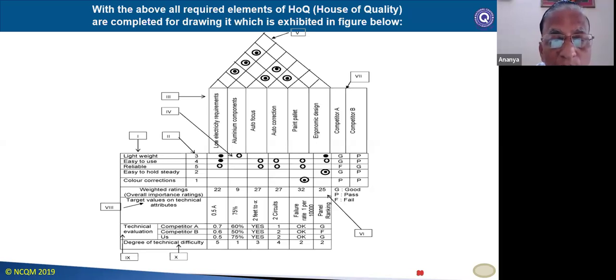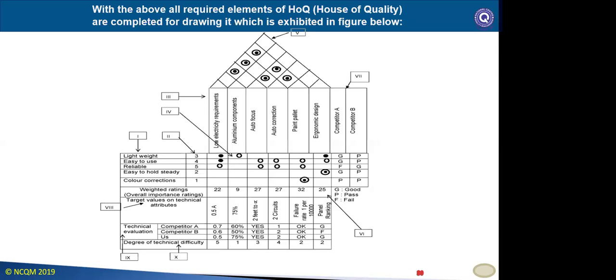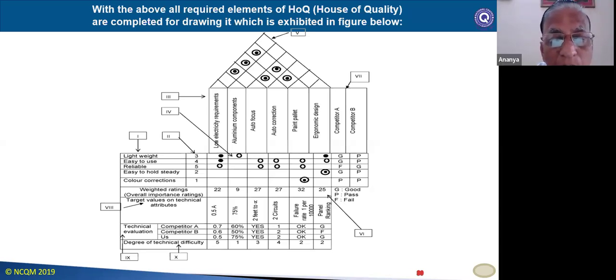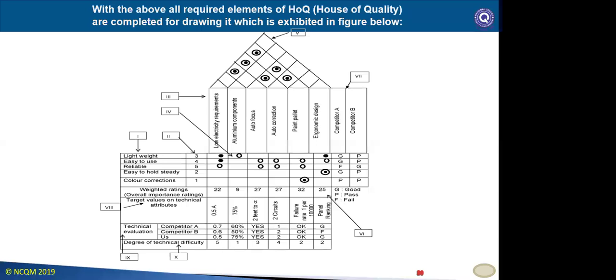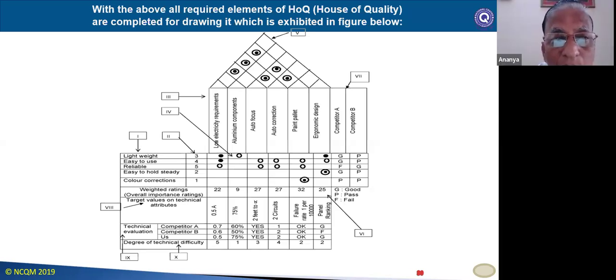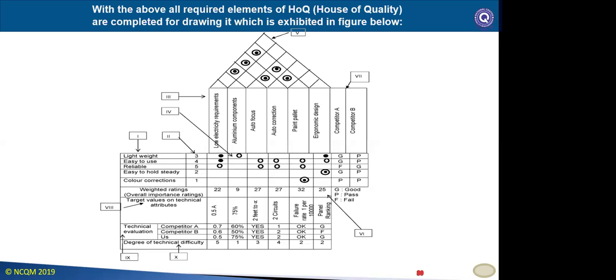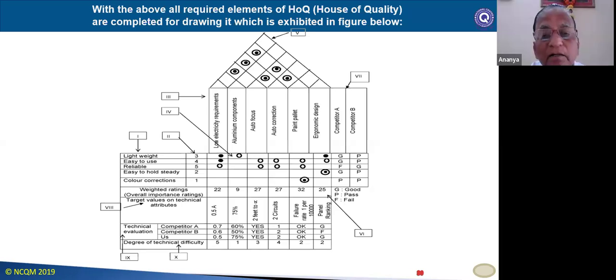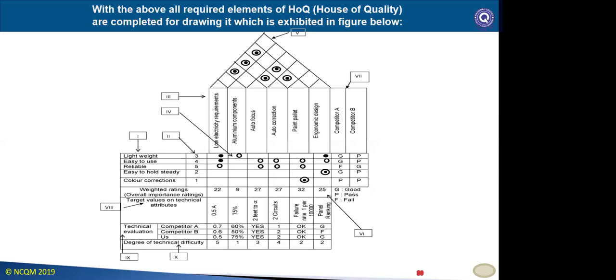It is calculated by multiplying the importance given in the second column, 3, 4, 5, by the relationship value. So 3 into 1 is 3. Then 4 into 1 is 4, so 7. Then 5 into 2, because the circle indicates 3, 1, 3, 5, 10. So 5 into 3 is 15. 15 plus 7 is 22.